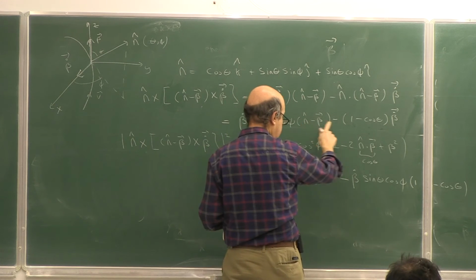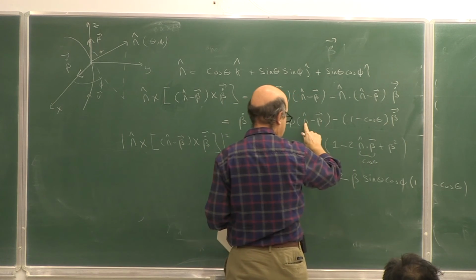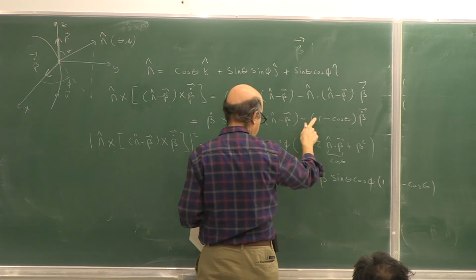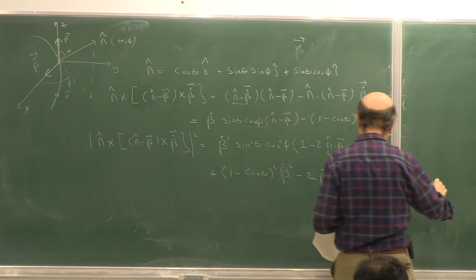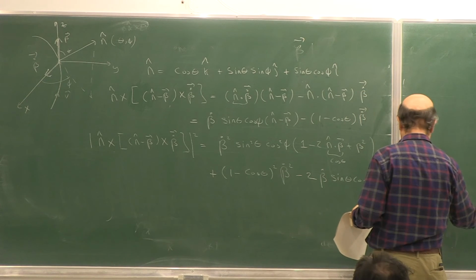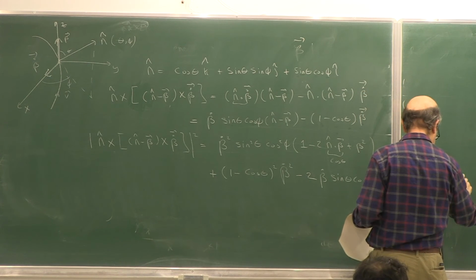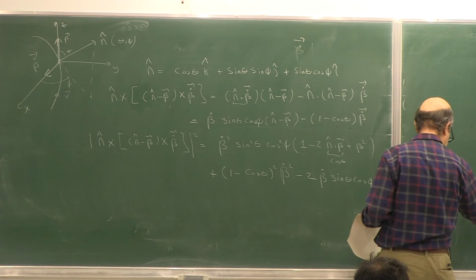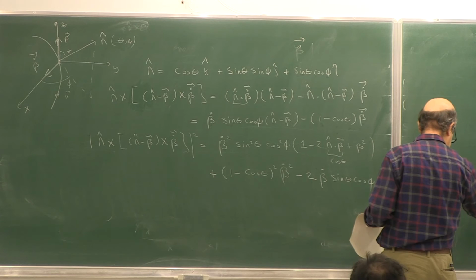If you look at the dot product, you have n dot beta dot and beta dot beta dot. So you will have 2 terms here, n dot beta dot and minus beta dot beta dot.